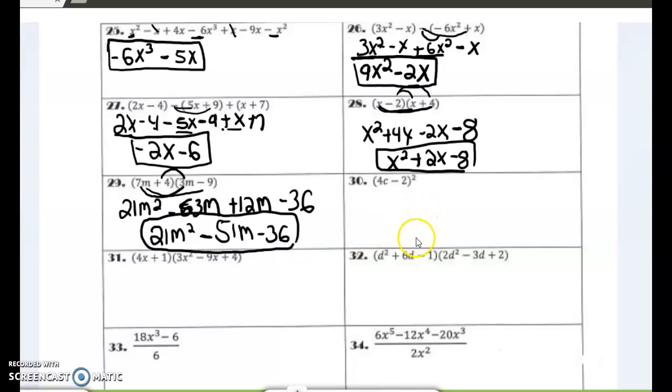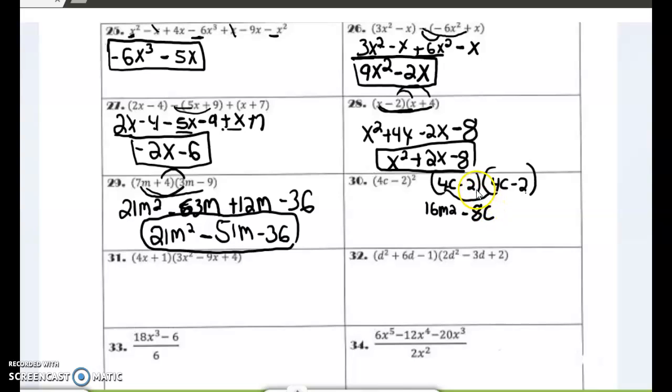We have squared, which means we have 2 of these. Okay, don't forget. So, FOIL again. Well, I do have the shortcut. I'll go over that real quick, too. Let's do it the long way first. 4c times 4c is going to be 16c squared. 4c times negative 2 would be a negative 8c.